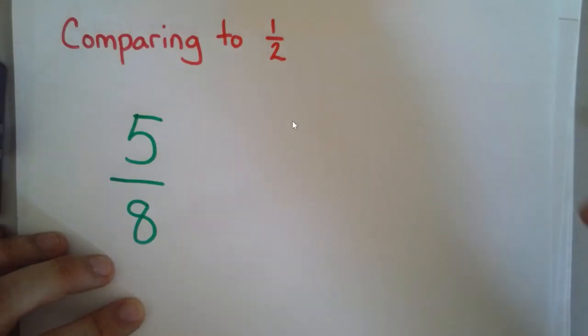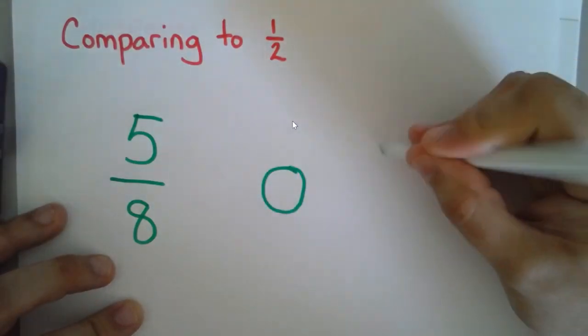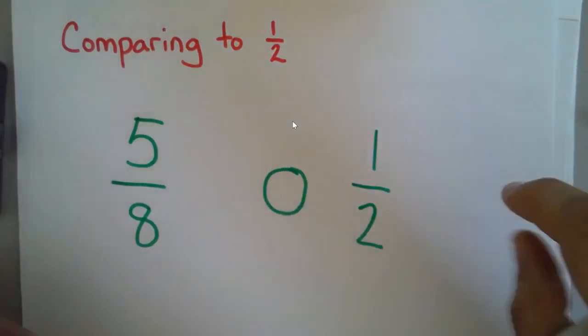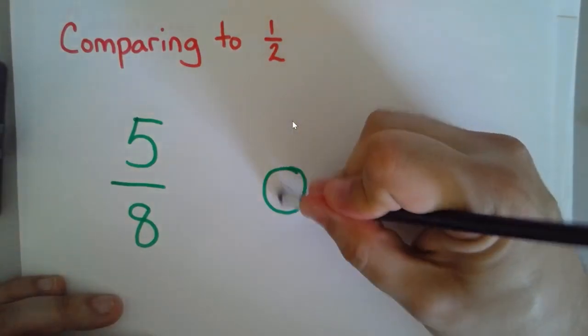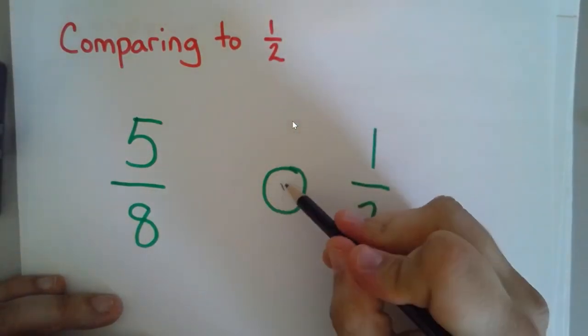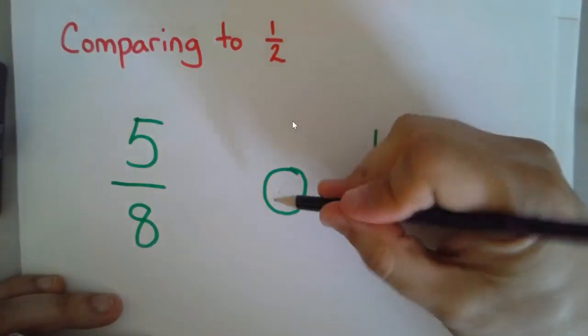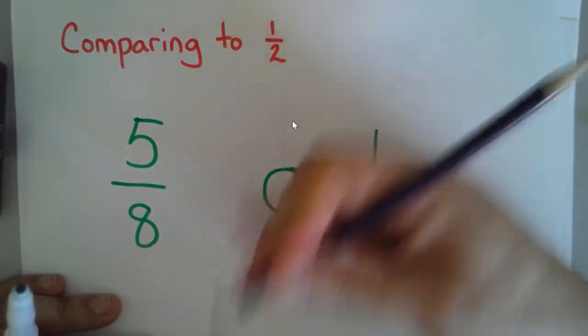And let's say that I'm trying to compare 5/8 to 1/2. This circle here, inside of it, I can write, for example, a greater than sign, or I could write a less than sign, or maybe I'm going to end up writing an equal sign. Let's do some math and let's figure out what the right answer is.